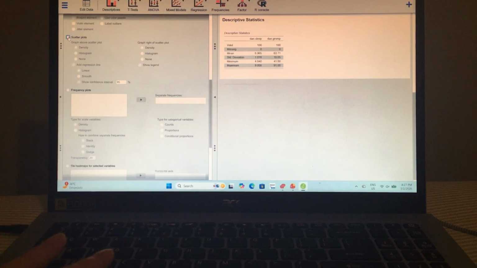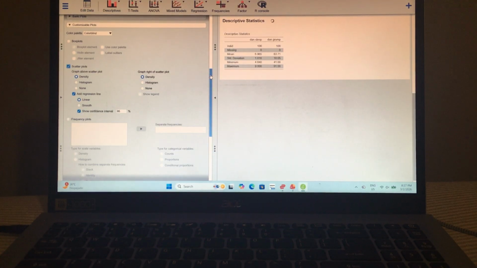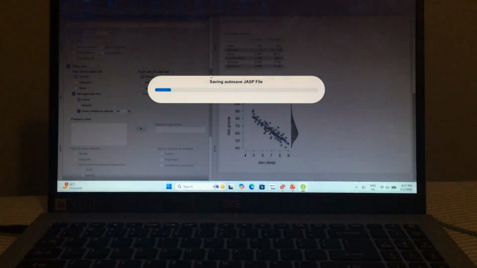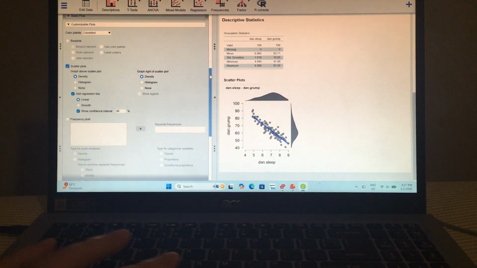Under scatter plots, we're going to uncheck the box next to add regression line.